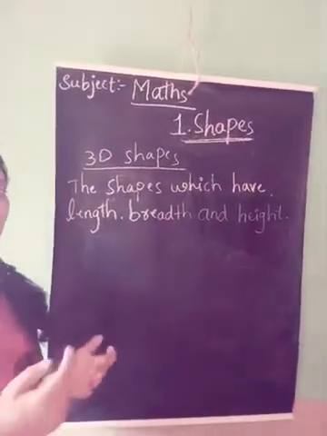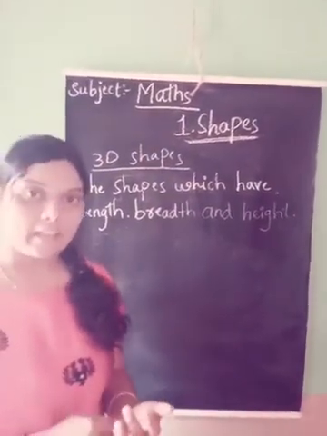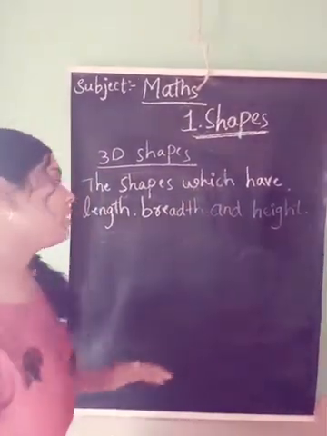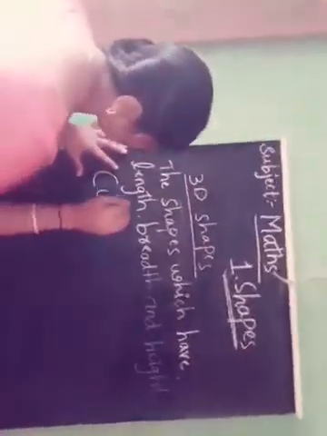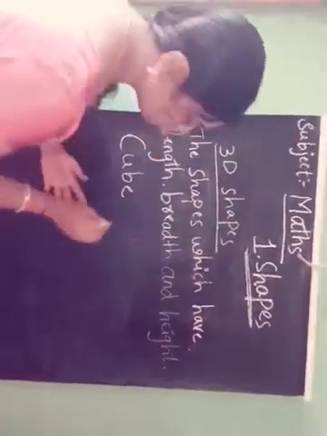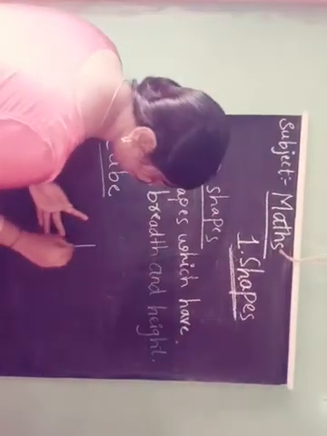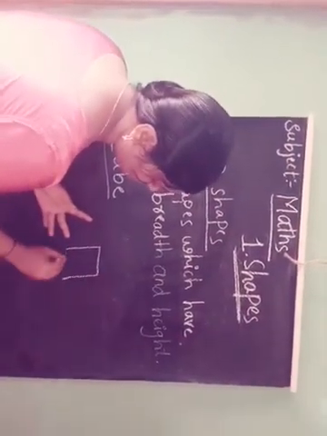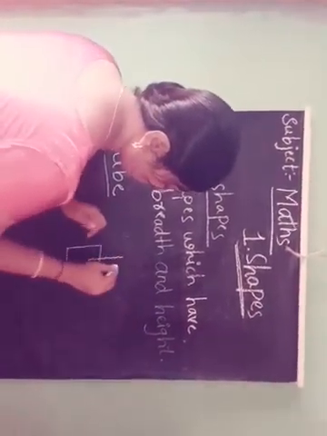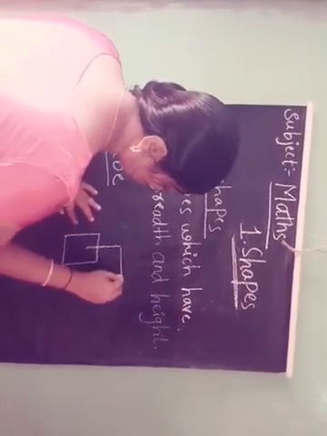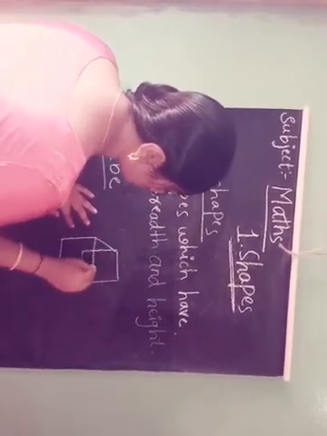In 2D shapes we take square, rectangle, triangle, but in 3D shapes we take cube. How to draw this cube now? First let me draw one square here, then again one more square, and join the corners.